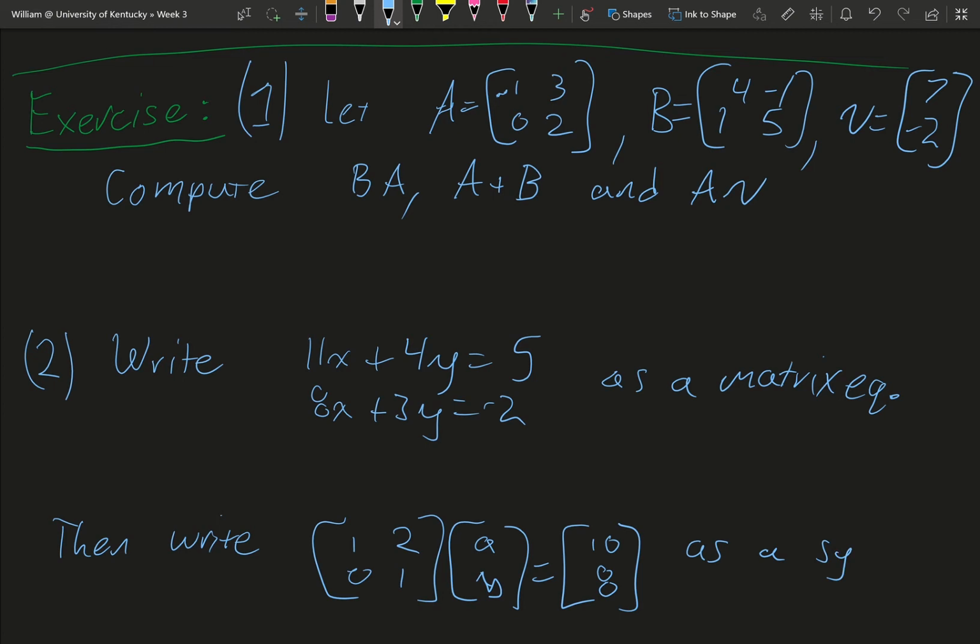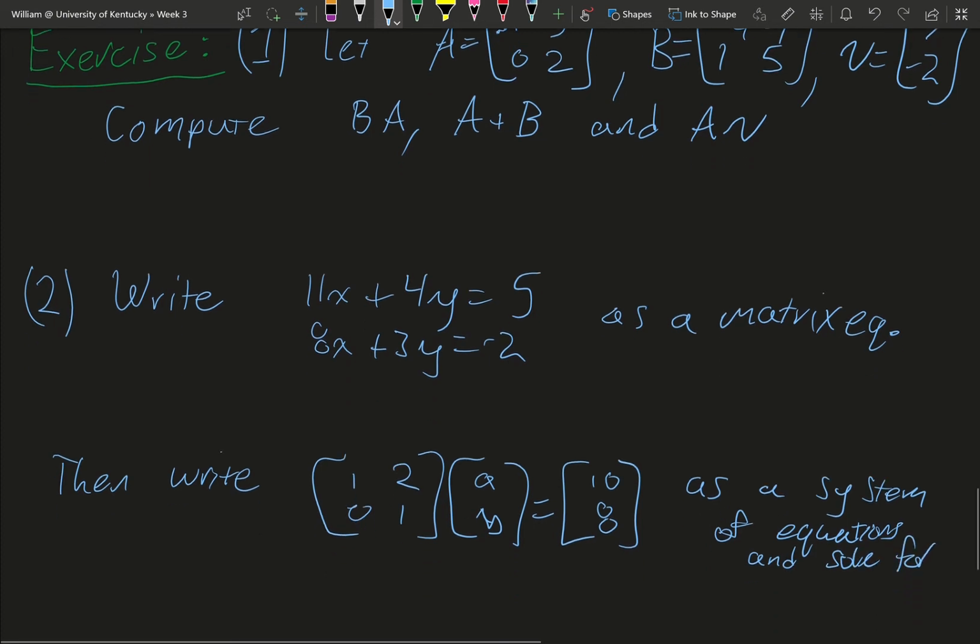So convert it to something of this form. And then also solve the system for a and b.